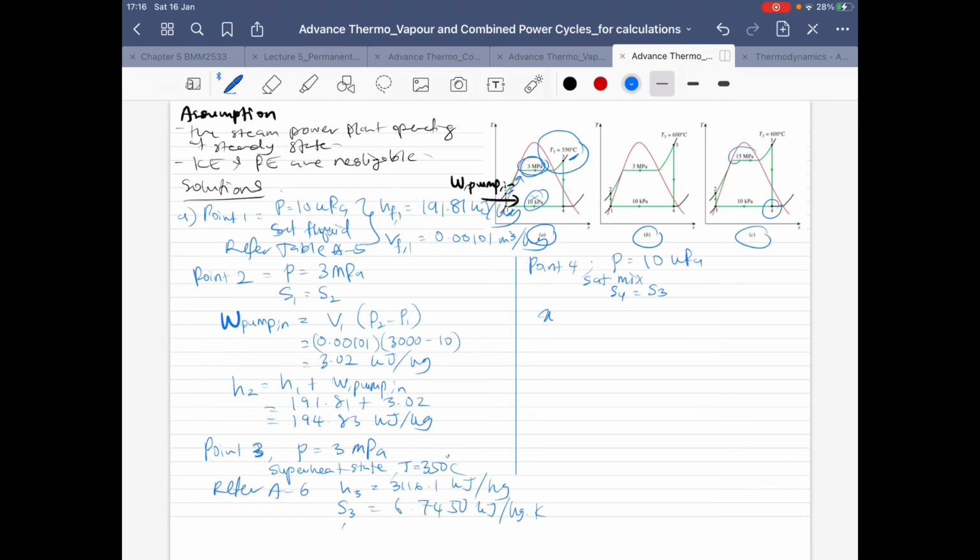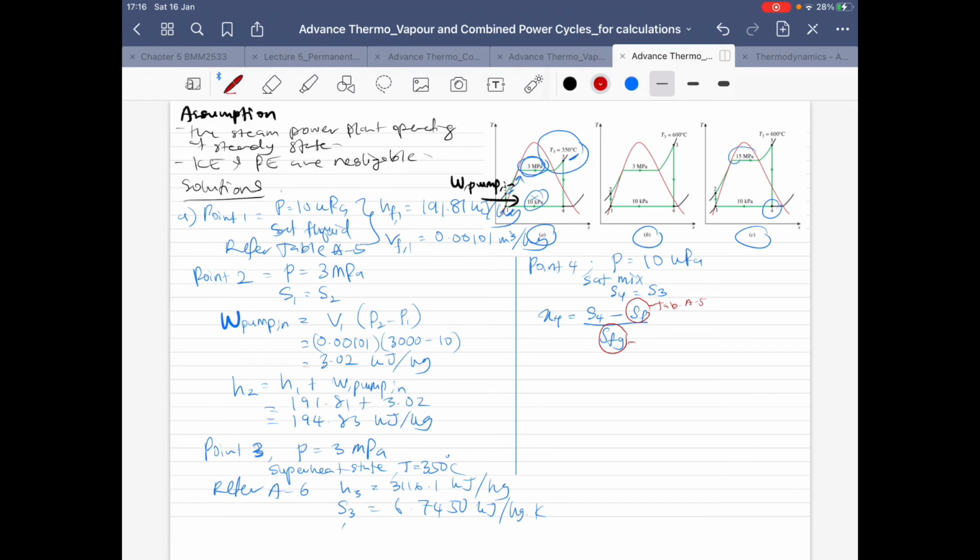So we use this equation, X4, meaning the fraction at point 4, equal to entropy at point 4 minus entropy of fluid, over entropy for evaporation, ataupun the mixture of fluid and gas. So mana nak dapat SF dengan SFG? Okay, SF boleh diambil daripada table A5.